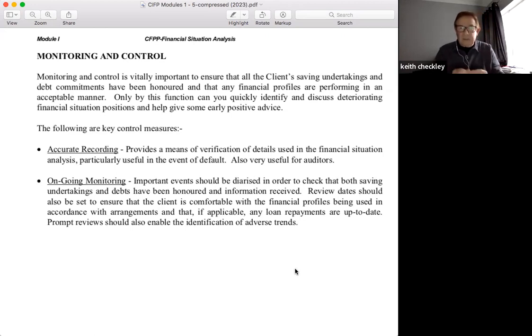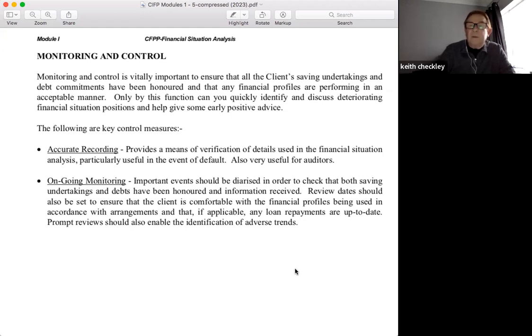But thinking of Mr. Edwards alone for the moment, monitoring and control would be vitally important to ensure that the client's savings undertakings and debt commitments have been honoured, just like you've both been saying, and that the financial profile is performing in an acceptable manner.